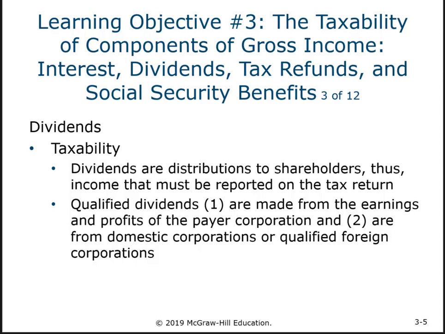All right, and those are from domestic companies and specifically from the retained earnings, and not dividends on, say, mutual funds or other investments. These qualified dividends are taxed at a different tax rate, different tax brackets than regular income.